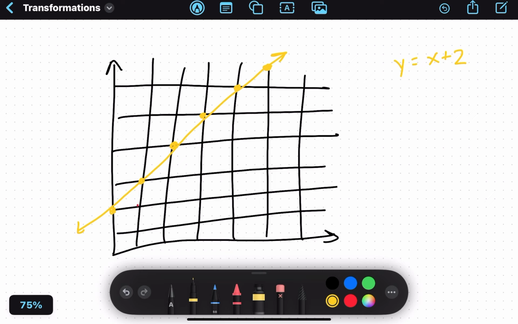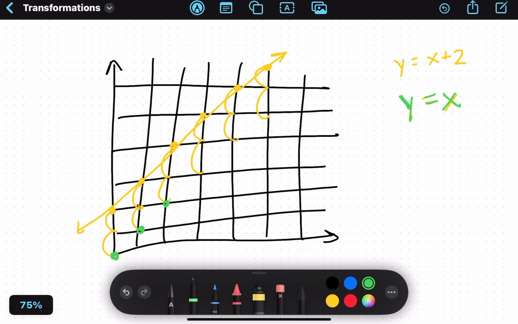So let's say we wanted to shift this graph 2 units down. That would become y equals x, because we would take all these points, boom, boom, 2 units down, and let's make the transformation green now.